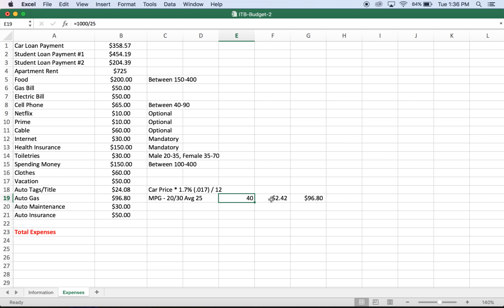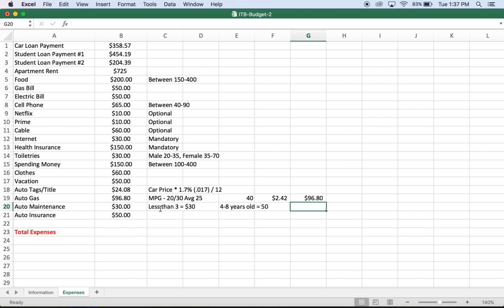Automotive maintenance, this is going to depend on the year of your car. If you have a car that is less than 3 years old, we're looking at probably 30 bucks. If you have a car that is 4 to 8 years old, you're probably looking at 50 bucks, right?